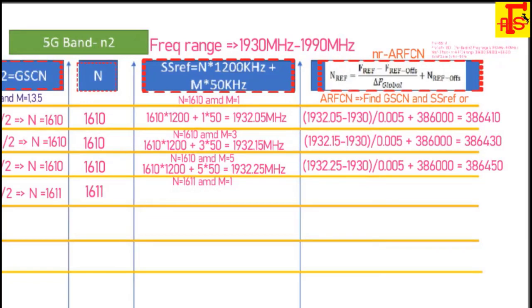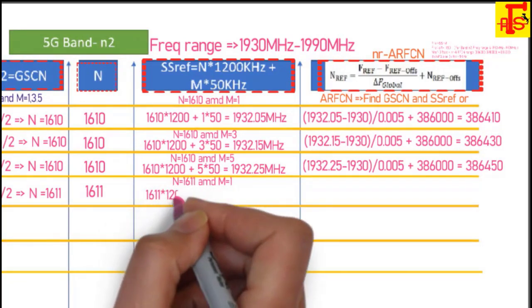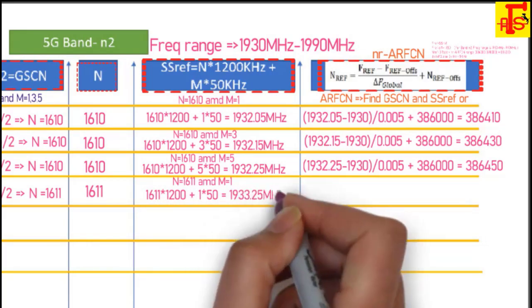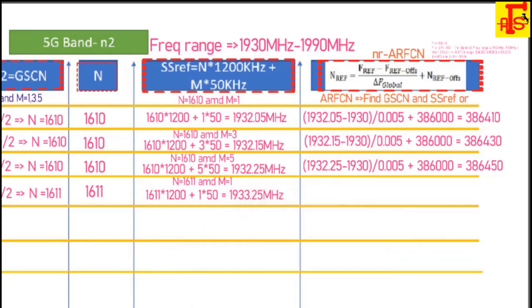Then SSREF formula we will put n and m and we'll try to find out. Then SSREF value is 1933.25 megahertz. So this is the SSREF location, that is SSB location center point, but SSB is also not located here. So we will convert in ARFCN value. So ARFCN formula is this one.